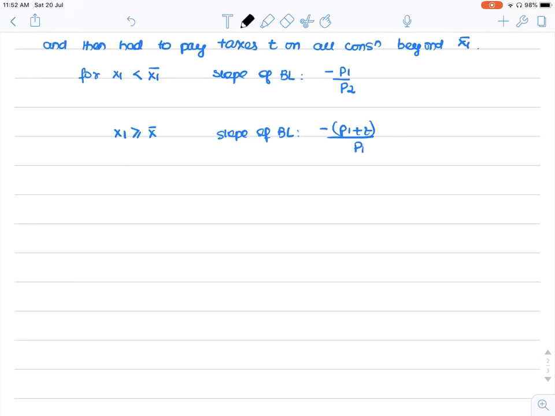So let me just draw this also for you. You have x1 here and x2 here, right? So let us draw the initial budget line like this.